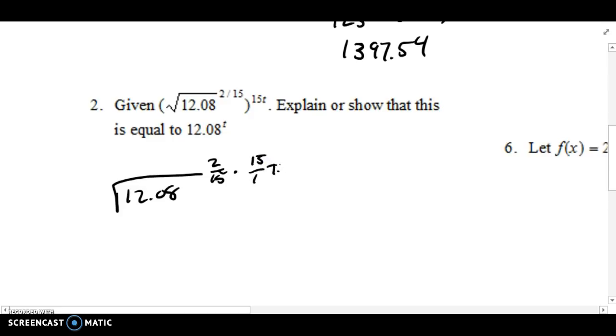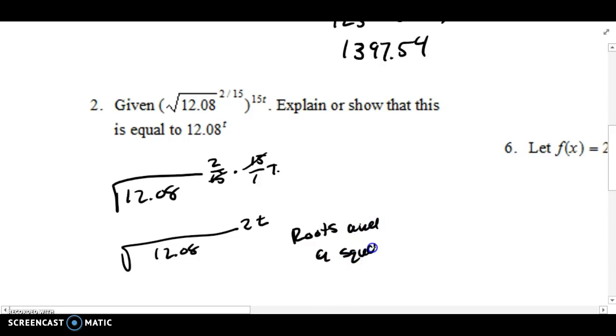Now when I do that, those are going to cancel. So I'm left with the square root of 12.08 of 2t. Well, a root, a square root, and a square are opposites.